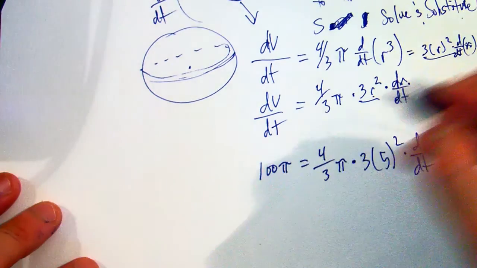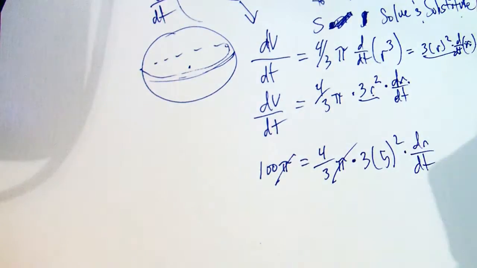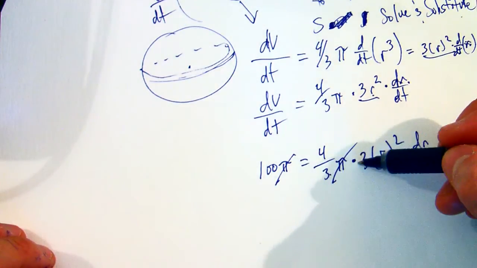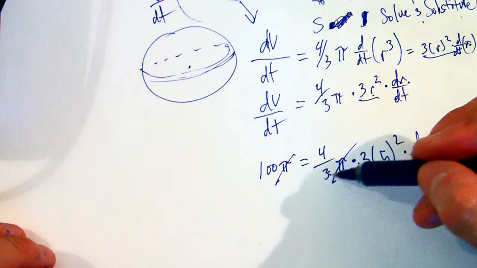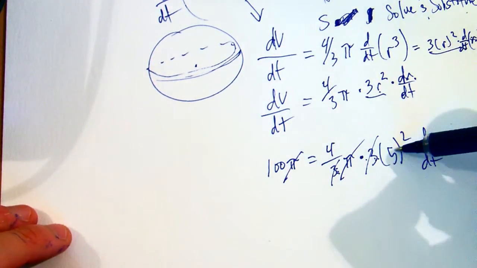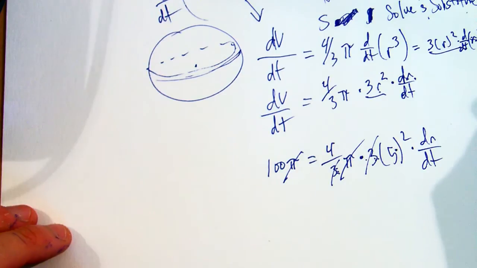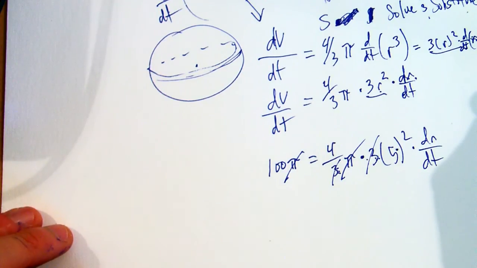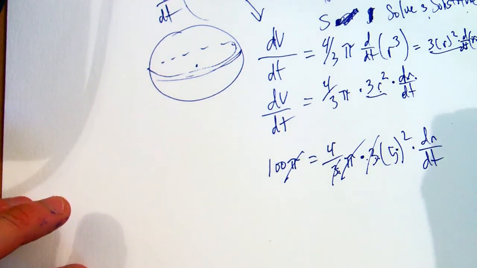So if you guys notice, I can divide by pi, right? What is 3 times a third? This goes away, right? What's 4 times 25? 100.